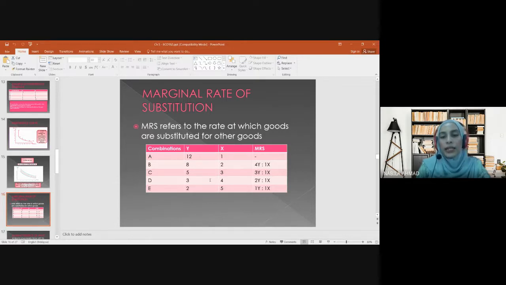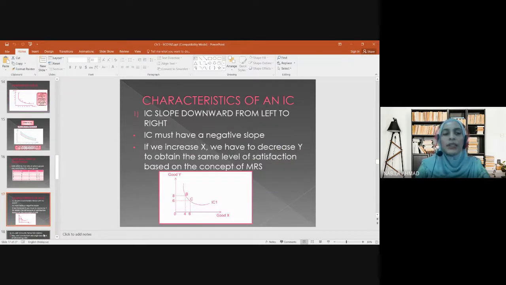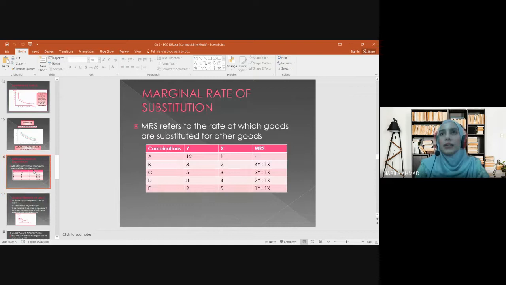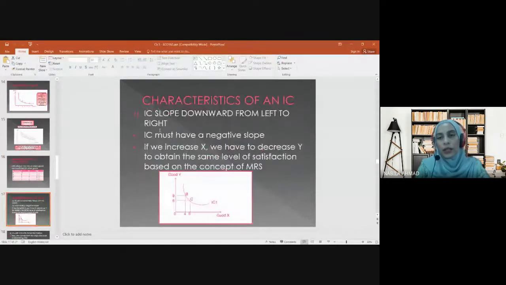Tambah lagi 1X, kita akan kurangkan Y sebanyak 3, tambah lagi 1X, kita kurangkan Y 2, tambah 1X, kita kurangkan Y 1. So maknanya, nampak tak? Kita punya consumption on Y ni berkurangan dari 4, 3, 2, 1 untuk kita tambah satu lagi X. Right? So maksudnya di sini marginal rate of substitution adalah negatif lah, negative slope, and of course the indifference curve adalah downward sloping.